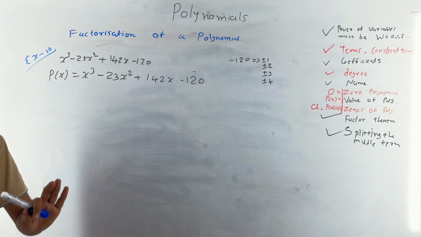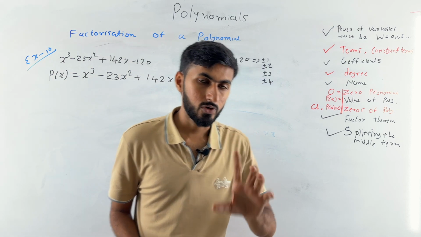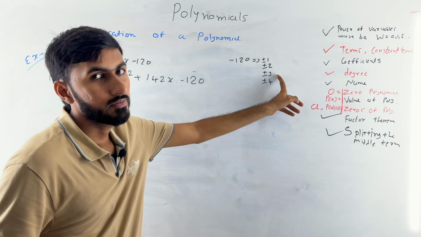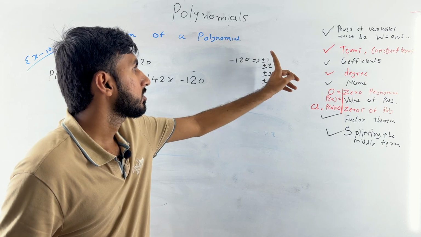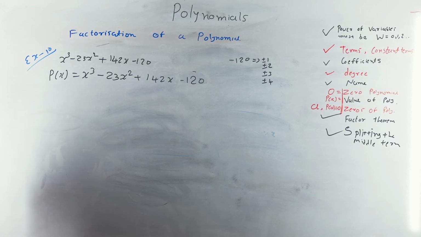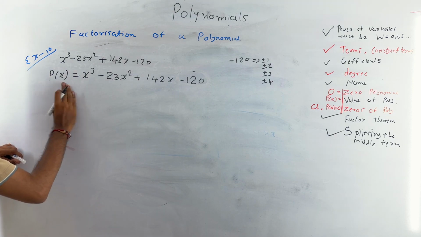See, you don't need to worry. In cubic polynomials, your first factor will be like 1, 2, and 3. You get the first factor by just trying plus or minus 1, plus or minus 2, and plus or minus 3, right? So it is easy to find first factor. Then we'll move to the second and third factor, right?